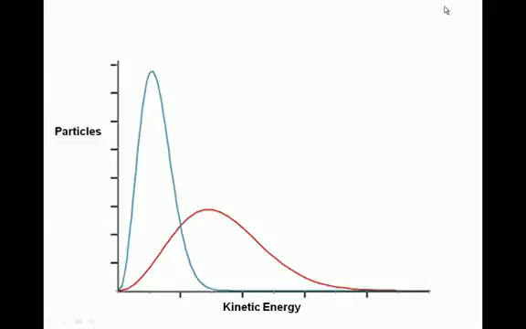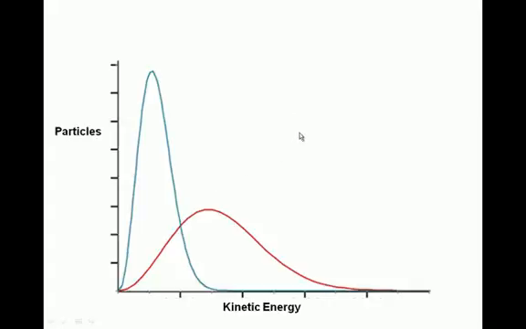So here are two different samples, this blue line sample and this red line sample. What a lot of students get confused on is they think that the blue one has a higher temperature. But if you remember, temperature is the average kinetic energy.